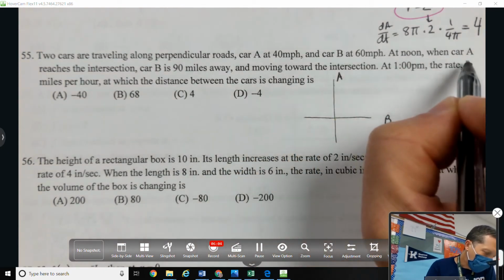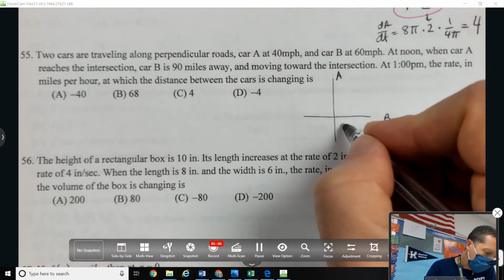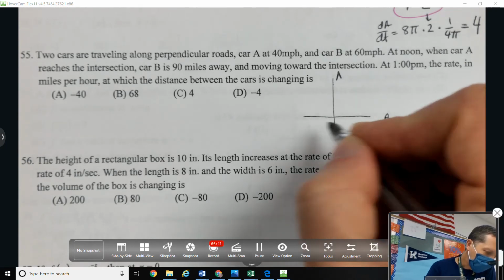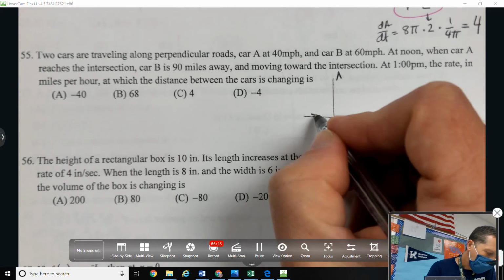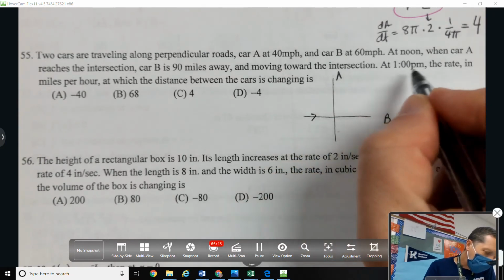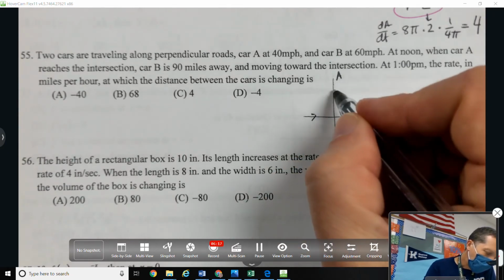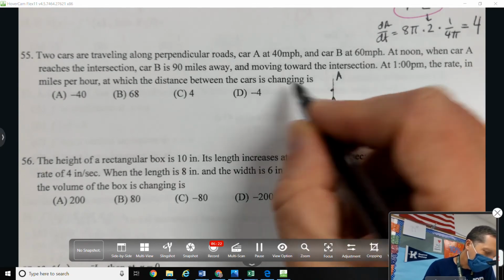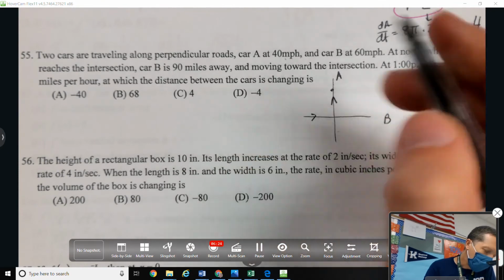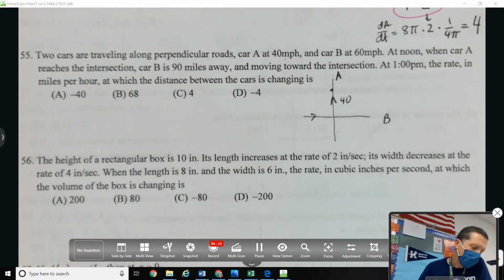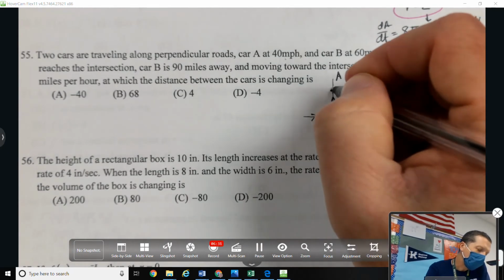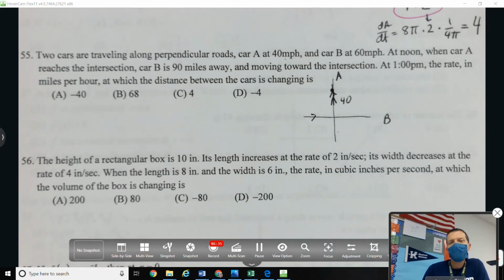At 1 p.m., I'm going to say car A has already gone through the intersection and, since it was going 40 miles an hour, is now 40 miles away from the intersection and traveling 40 miles an hour away from the intersection.